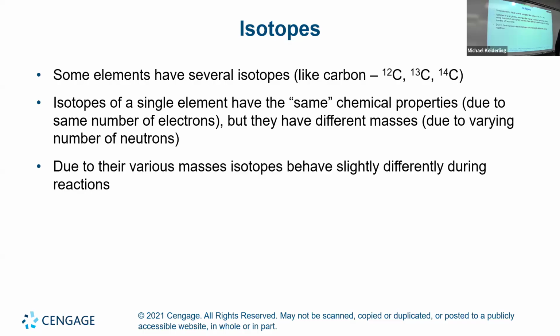So like deuterium chemistry is a little bit different from hydrogen chemistry, but it's a tiny difference. Due to the various isotopes, they will behave slightly differently during reactions, but otherwise, the chemical bonds that they can form and all that are the same.